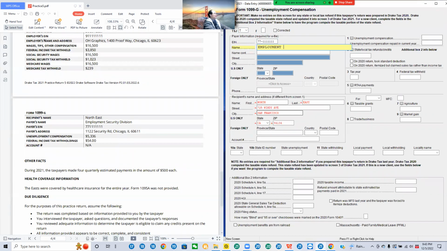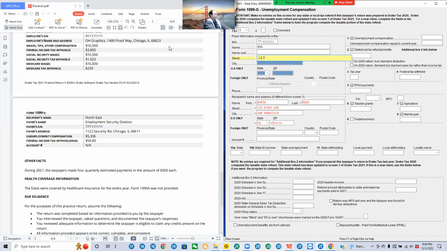The unemployment department, the name is a little bit different. For state of California, it's EDD. For Illinois, is named as Employment Security Division. Okay. Because I am going to change it for state of California, so I change it to EDD.